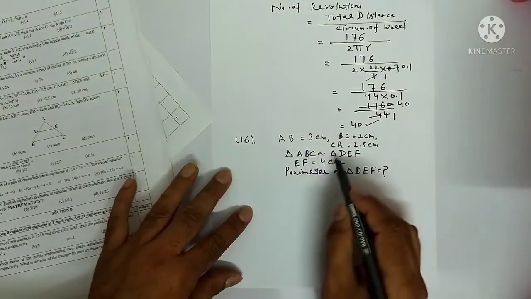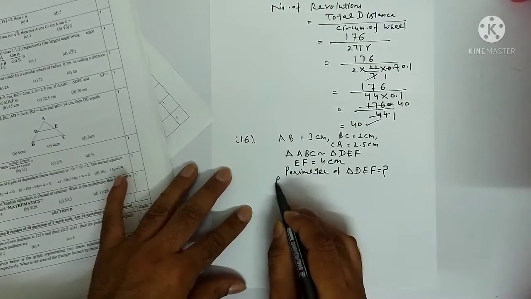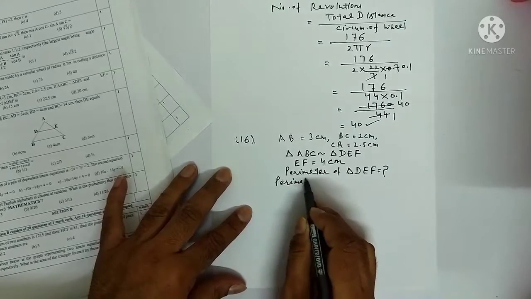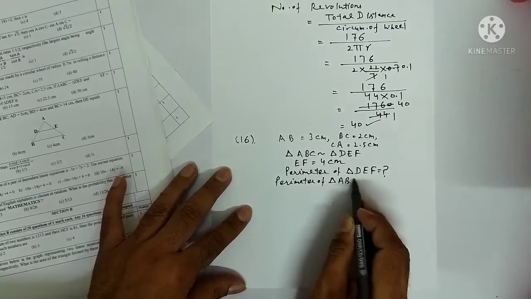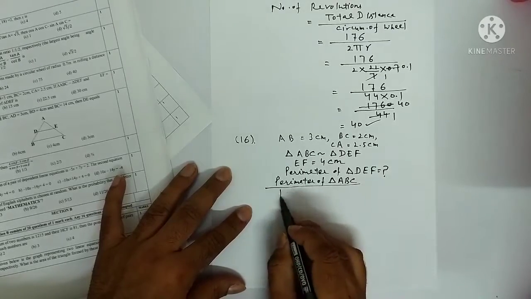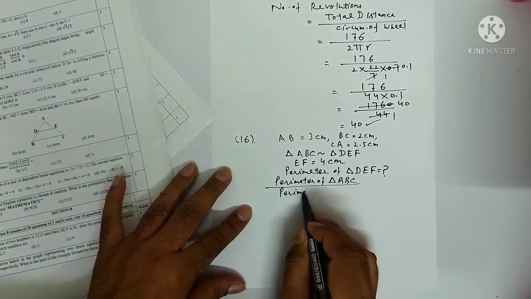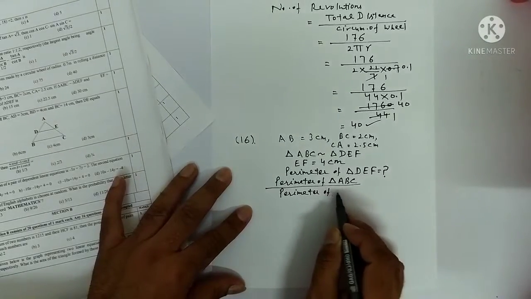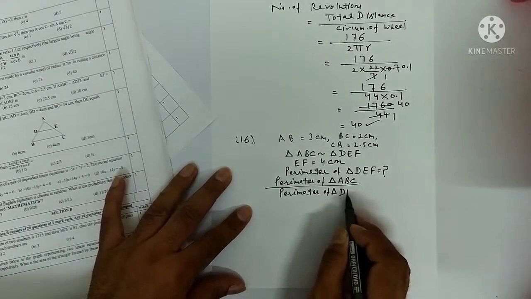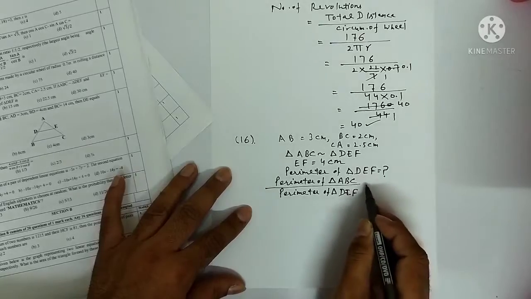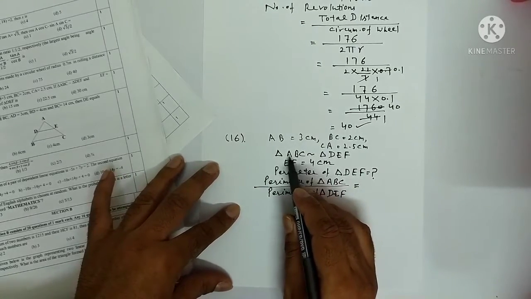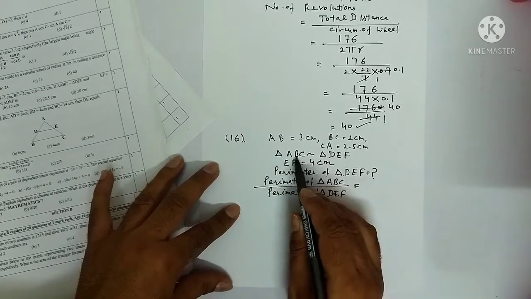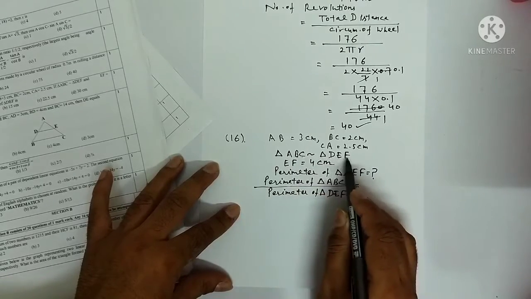When two triangles are similar, then the perimeter of one triangle, that is perimeter of triangle ABC upon perimeter of the other triangle, that is perimeter of triangle DEF, will be equal to the ratio of their corresponding sides. So AB upon DE is equal to BC upon EF, then AC upon DF.